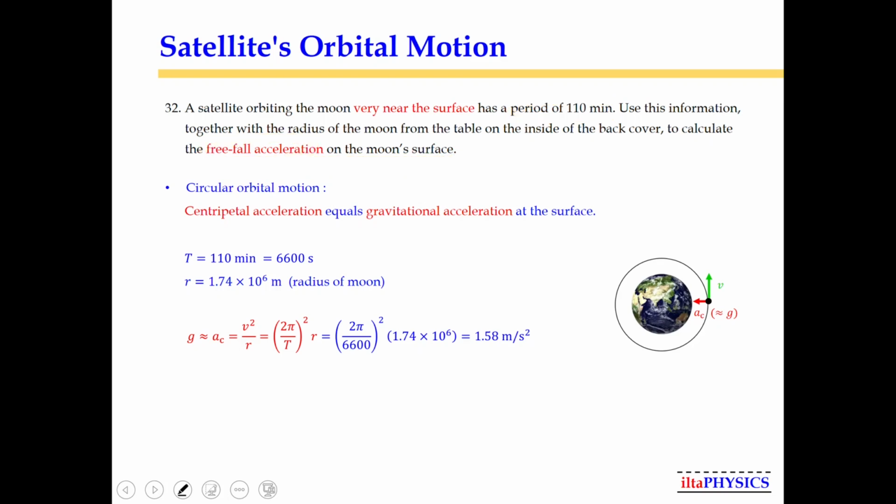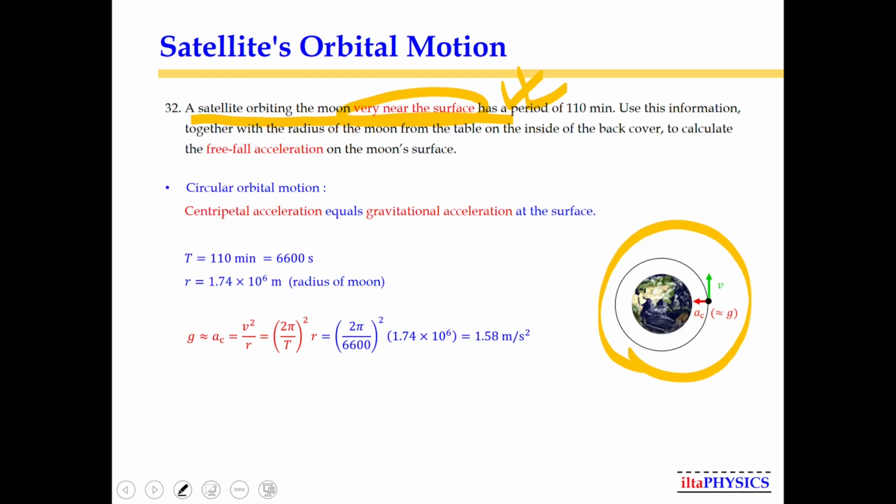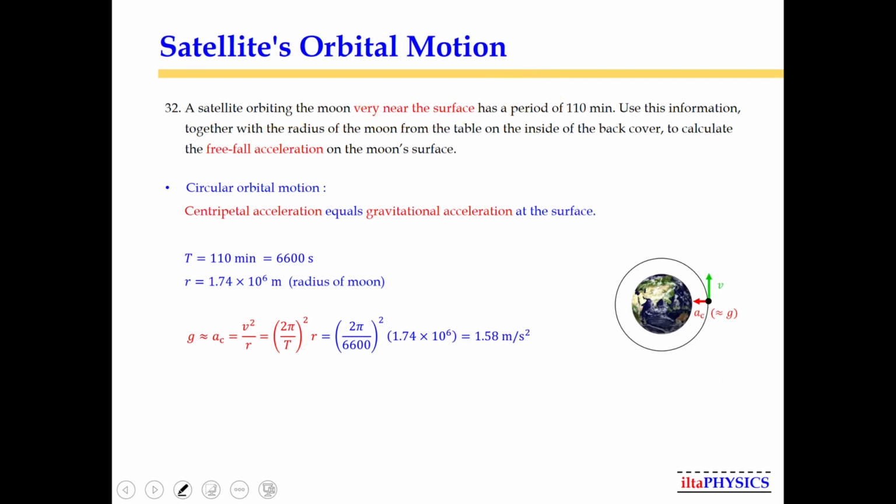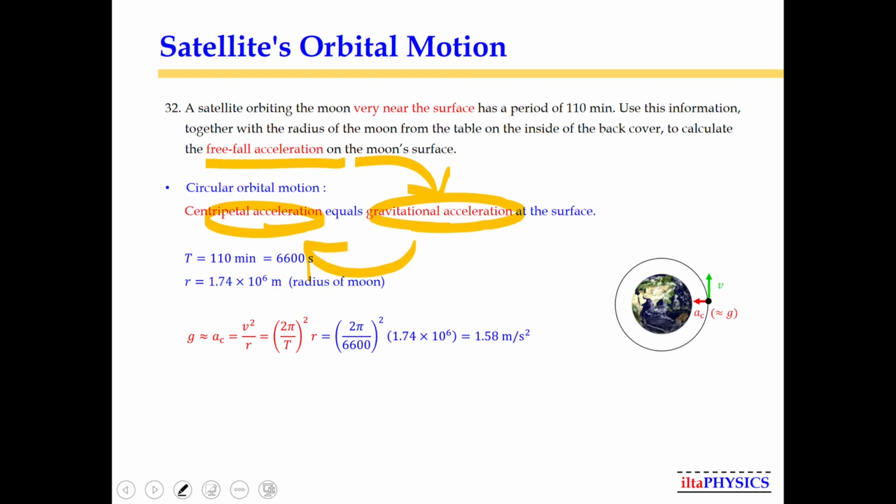The important condition here is that the satellite is orbiting in an orbit very close to the surface of the moon. With this condition, as explained earlier, the gravitational acceleration of the moon, or the free fall acceleration, can be calculated as the centripetal acceleration when we consider the satellite's motion as circular motion.